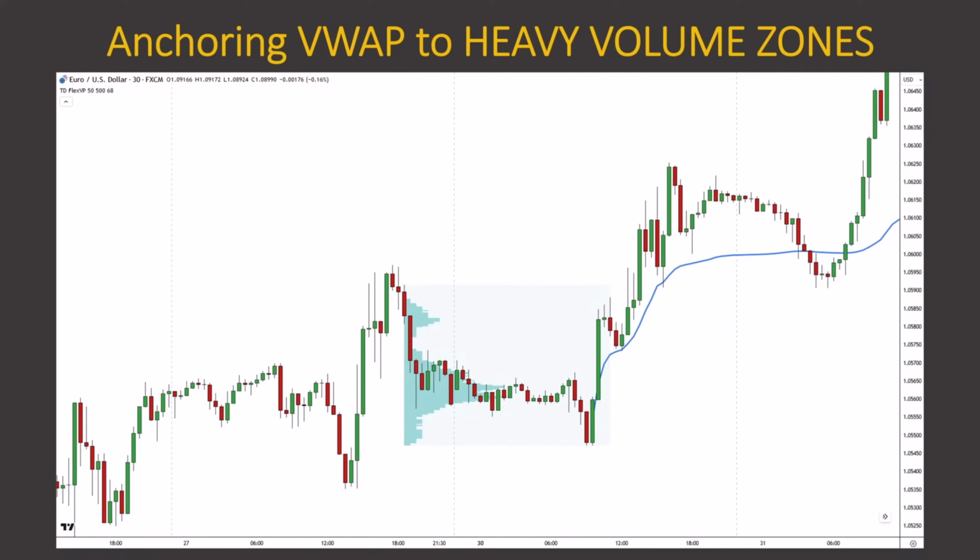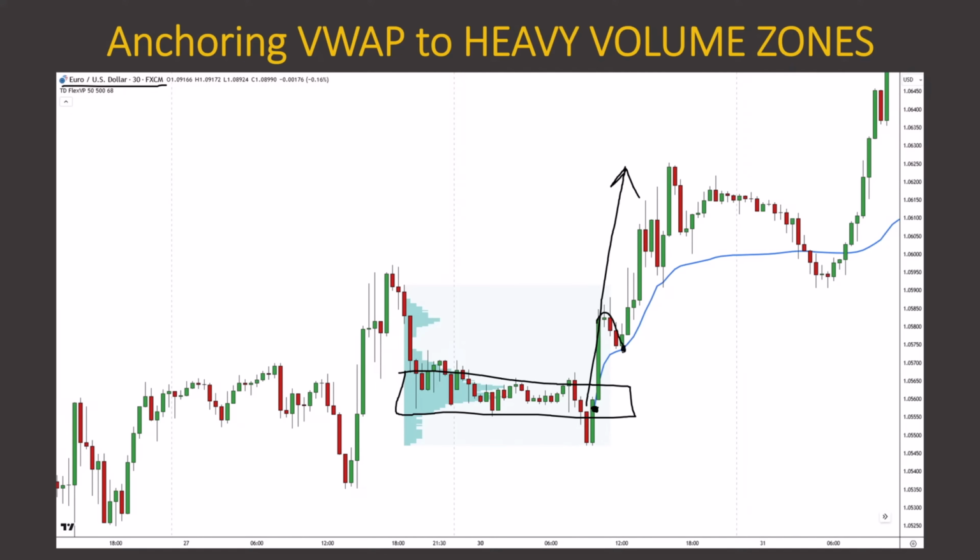Now here's another example. This is euro-dollar 30-minute chart. Again, we have a rotation where heavy volumes were traded, and from that rotation we have a trend. So you anchor the VWAP at the start of a trend, that's this candle, and trade pullbacks.